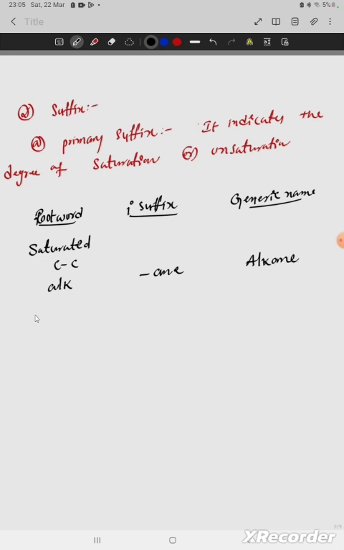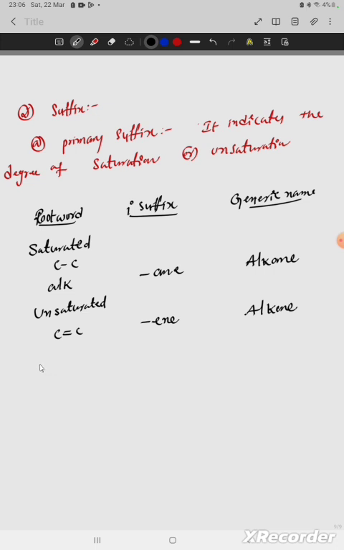If there is a double bond or triple bond, we call it an unsaturated carbon chain. For carbon double bond carbon, this is also alk, the primary suffix is ene, and the generic name is alkene.